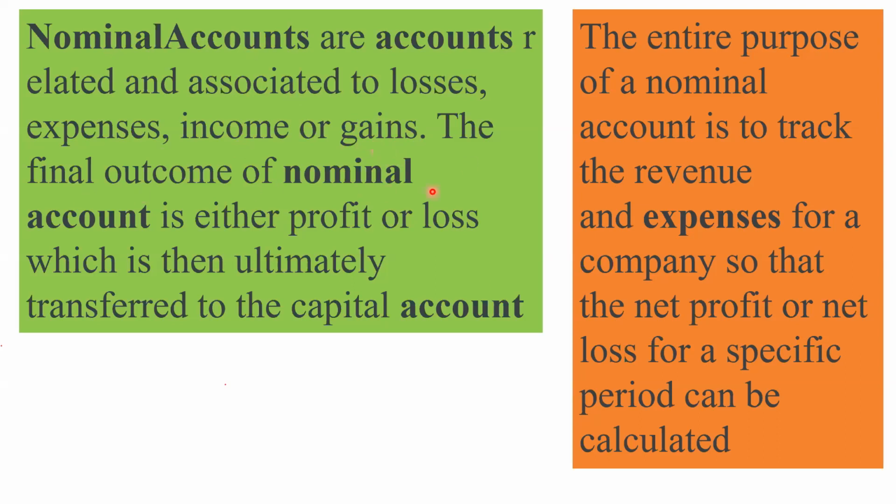The final outcome of nominal account is either profit or loss, which is then ultimately transferred to the capital account. Obviously, yesterday we saw the problems on the accounting equation. If you're getting profit, like yesterday we got 8,000 rupees profit when we sold the products, where did we put that 8,000 rupees?